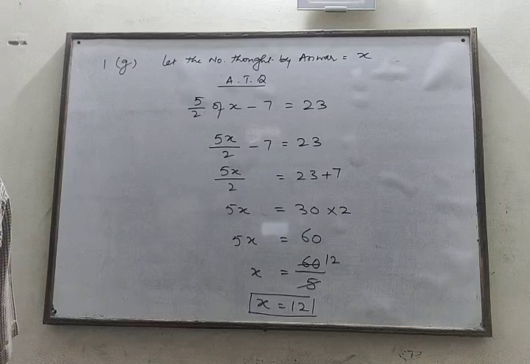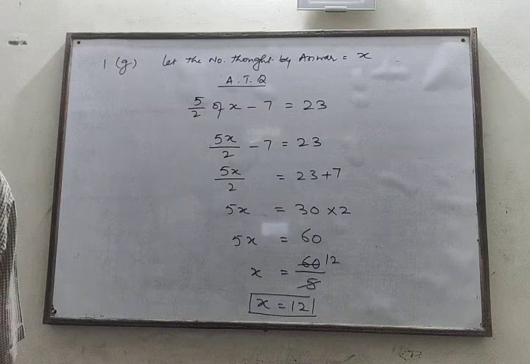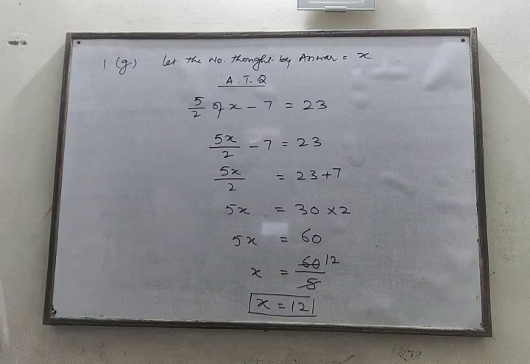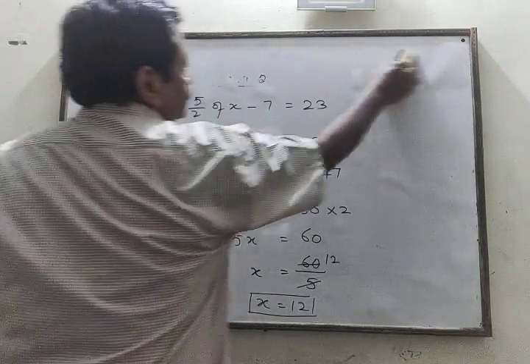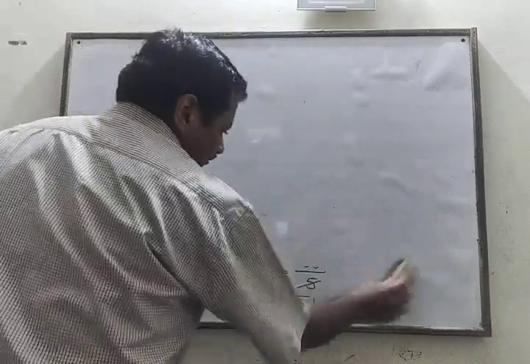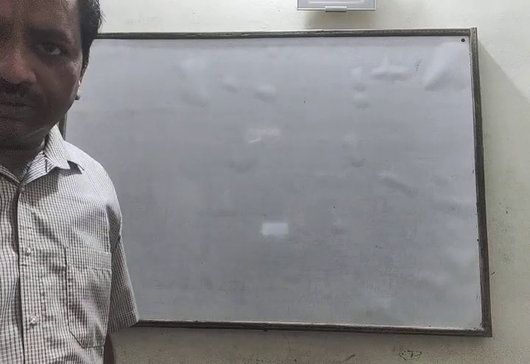Now story problems are there in question number 2 as well as in question number 3. Story problem, question number 2, A part. So again there are two things in the same question. First is understanding, second is writing the question.